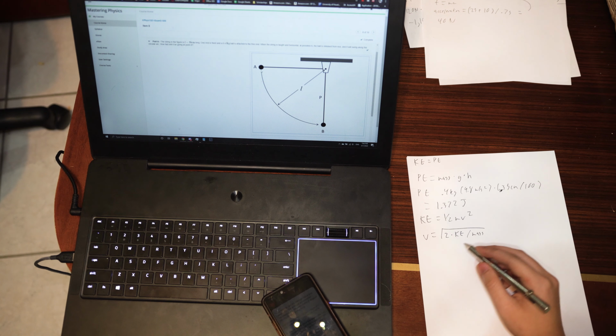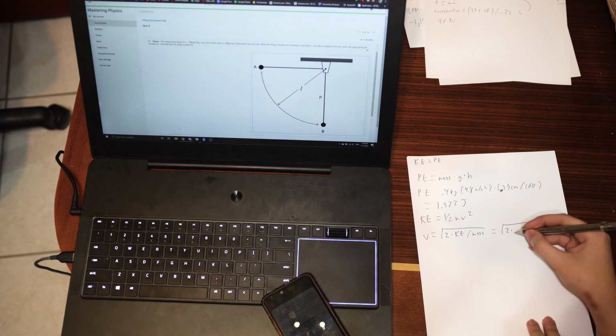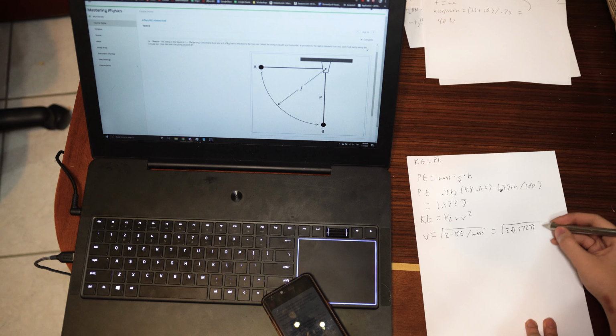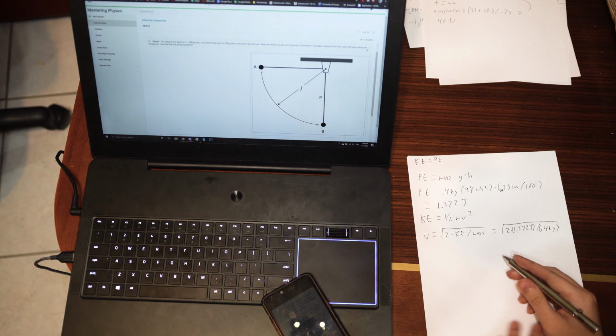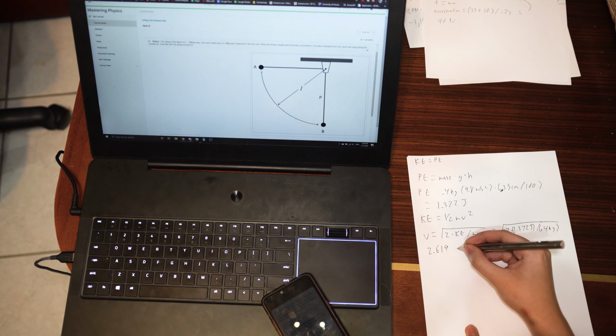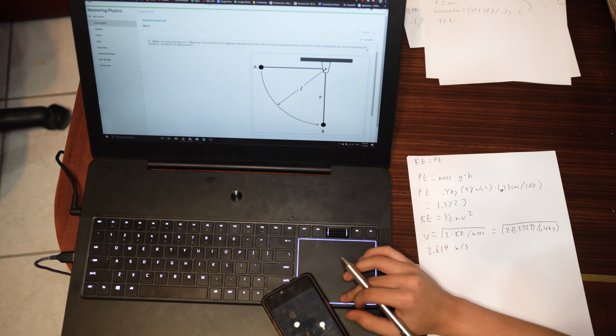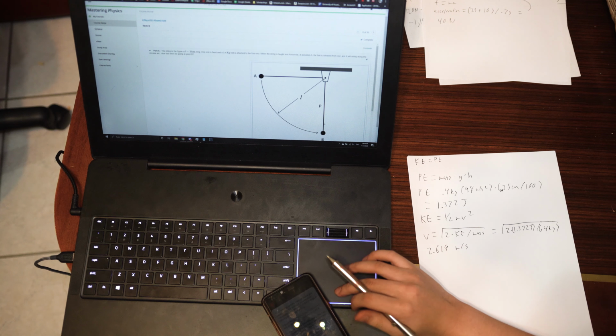So when we plug all our numbers in, we get the square root of 2 times 1.372 joules divided by the mass, which in our case is 0.4 kilograms. If we plug all of that in, our value is going to be 2.619 meters per second. And that's the velocity the ball has to have at the bottom here.